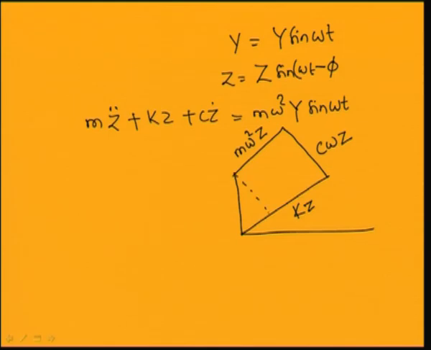So, from this you can find this angle phi, and this angle equal to omega t minus phi.